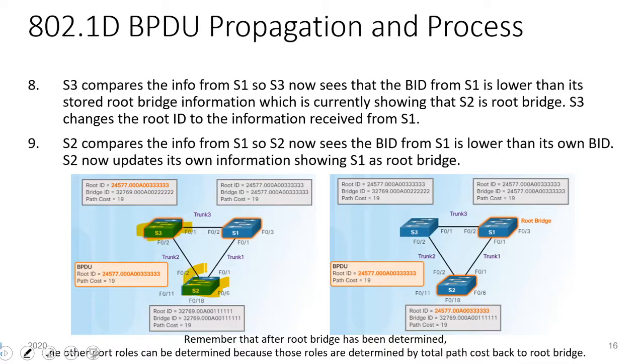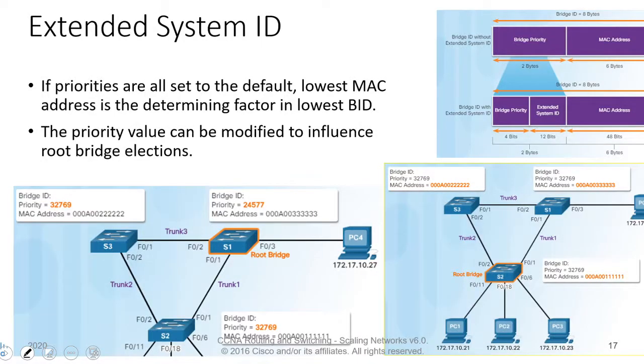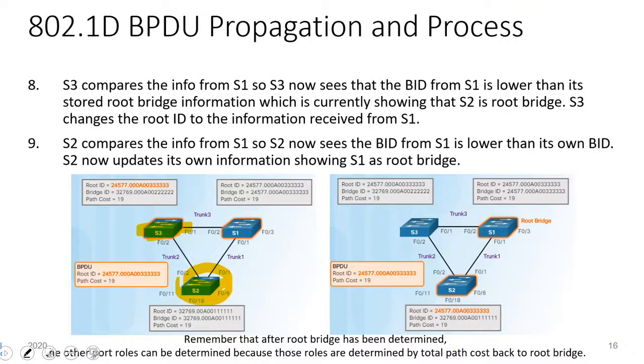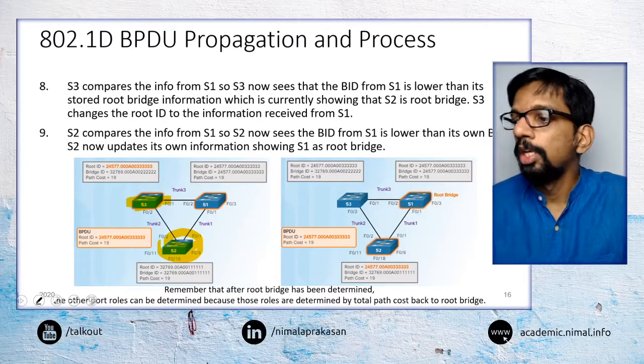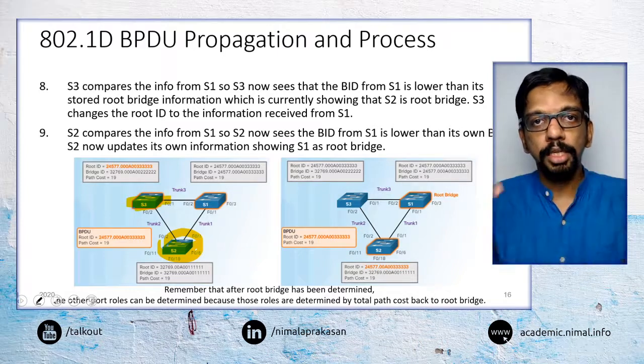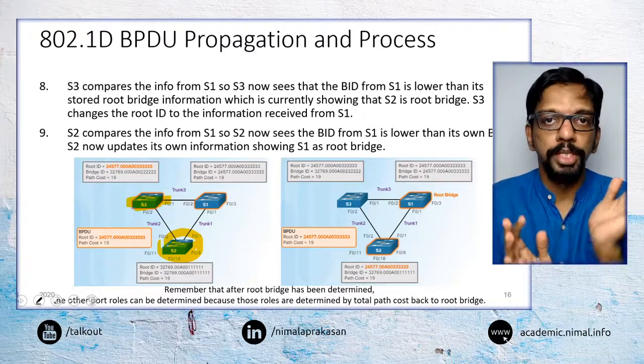S3 thought S2 is the root bridge, S2 also thought S2 is the root bridge, but when compared to S1, S1 is the lowest. So now all of them will update S1 as the root bridge. That is the basic idea of how a root bridge is elected.